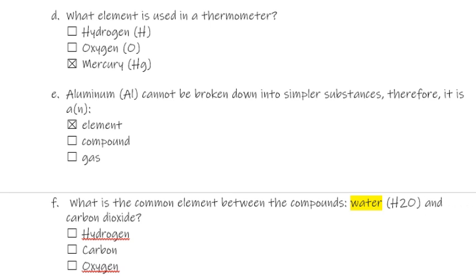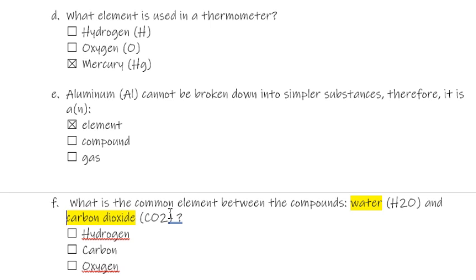So water has two elements in it. H for hydrogen and O for oxygen, right? Carbon dioxide. We write carbon dioxide this way, CO with a small 2, guys, okay? So, carbon dioxide is made of carbon and oxygen.